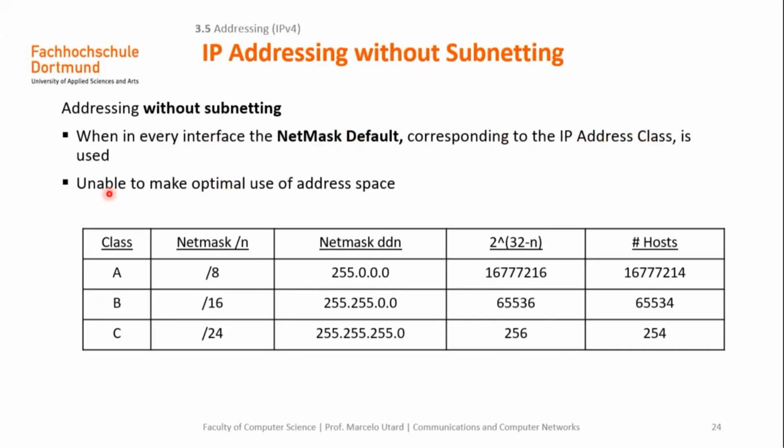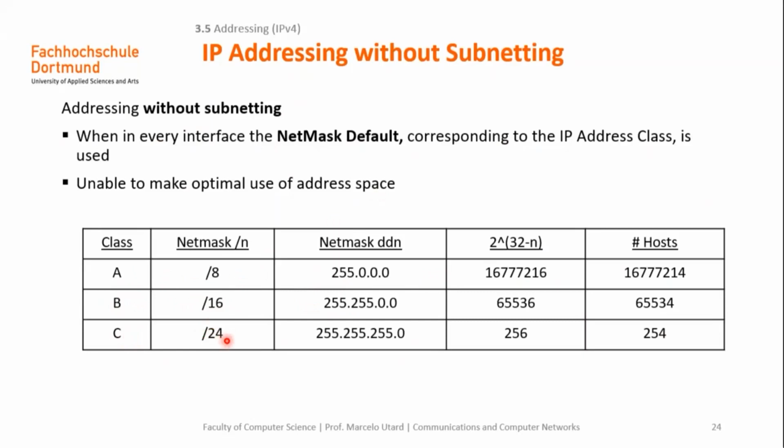And if we implement addressing without subnetting, we are not able to make optimal use of our address space. That is, only the class A addresses have this mask, and the class B addresses have this one, /16, and the class C has the /24 netmask.